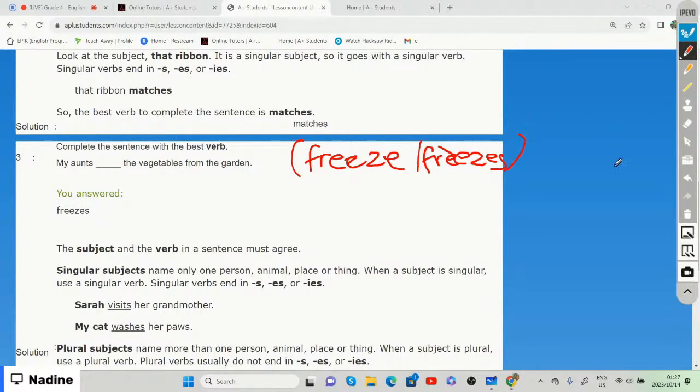So freezes or freeze. So we must say, my aunt, does she freeze the vegetables from the garden or she freezes the vegetables from the garden? She freeze or freezes.